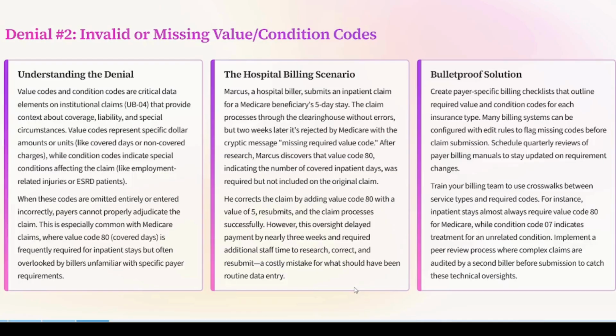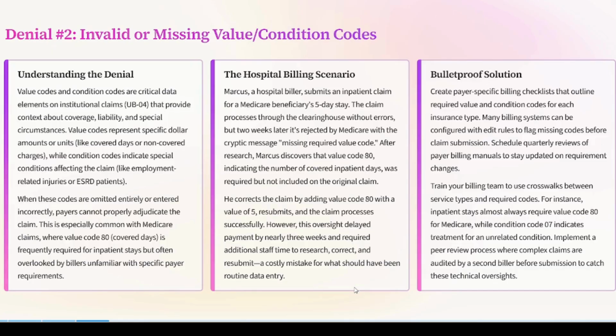Value codes represent specific dollar amounts or units, such as covered days or non-covered days, while condition codes indicate special conditions affecting the claim, like employment-related injuries or ESRD patients.